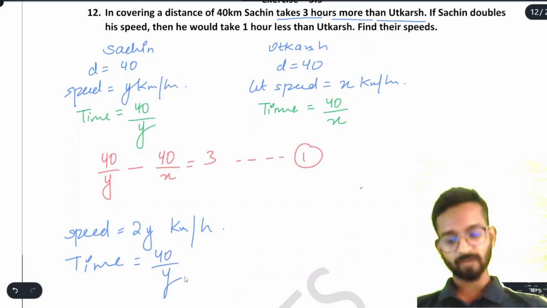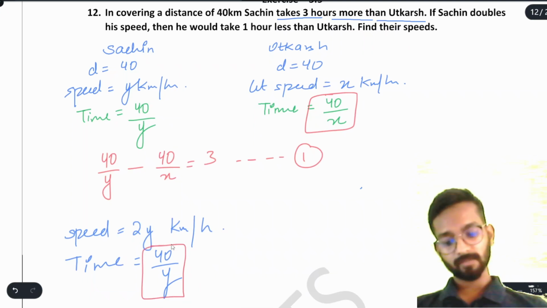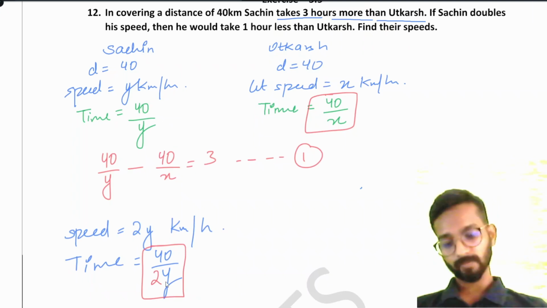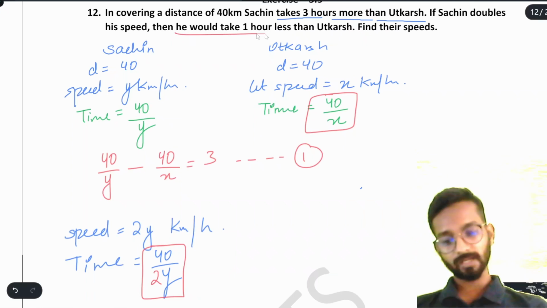But they are saying now this time is 1 hour less. What was the time taken by Utkarsh? The time taken by Utkarsh was 40 by x. Okay. Now time taken is 40 by y. But they are saying it will not be 40 by y. It will be 40 by 2y. Remember this.